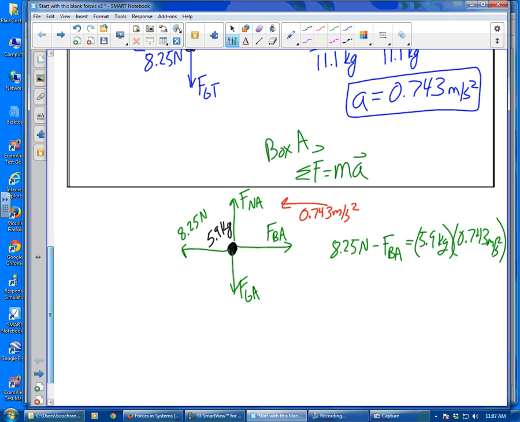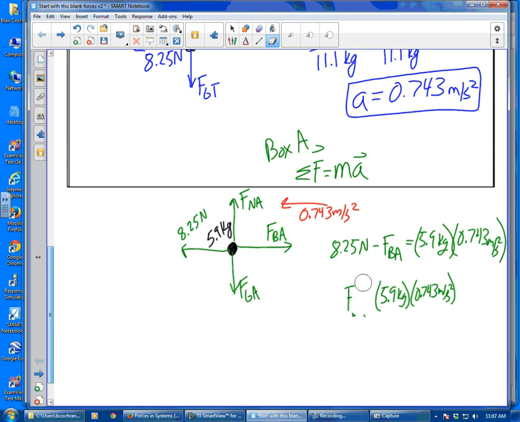And so a little rearranging, right? FBA equals 5.9 kilograms times 0.743 meters per second squared. Oh, that should be negative.